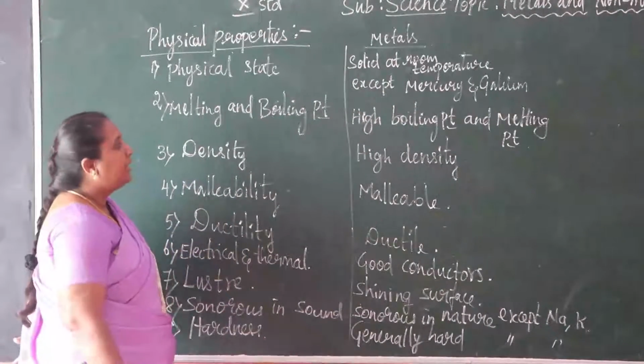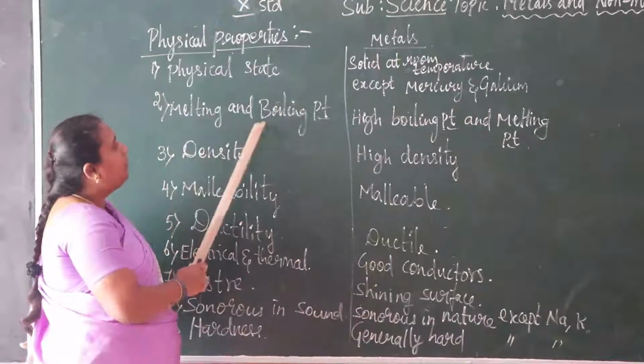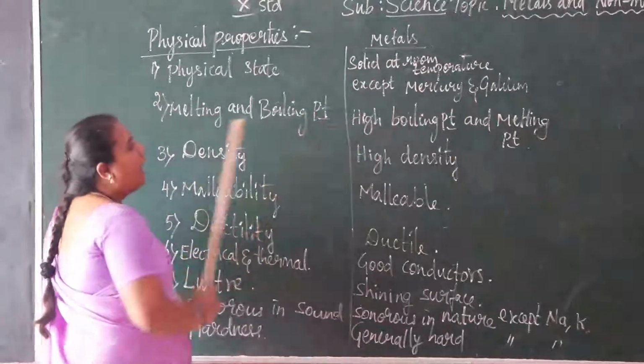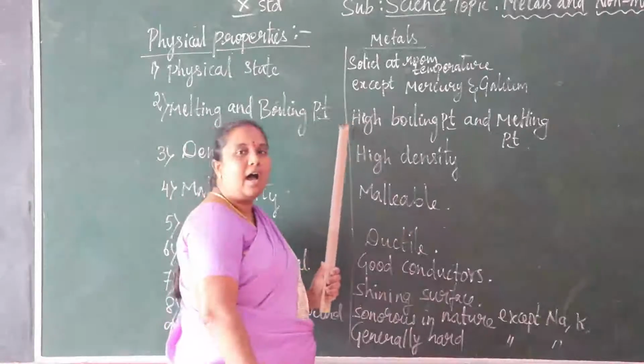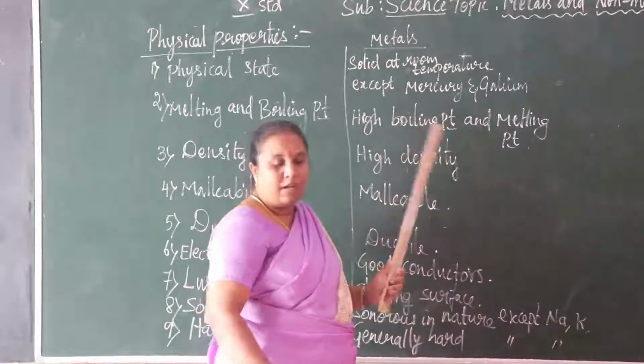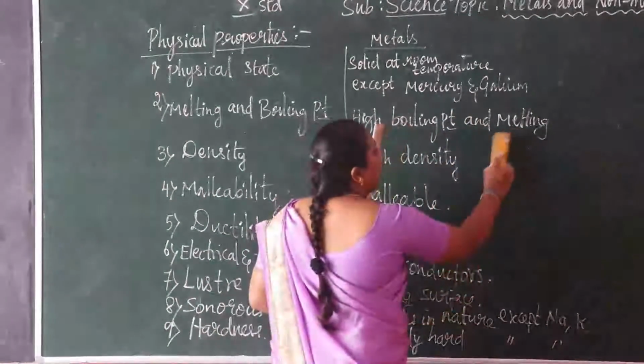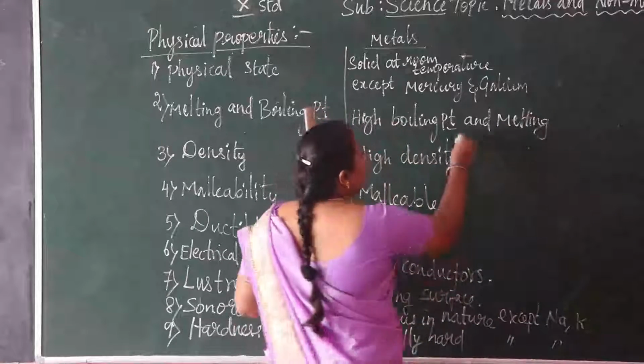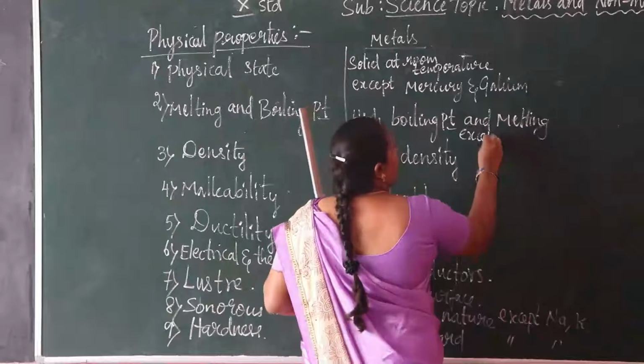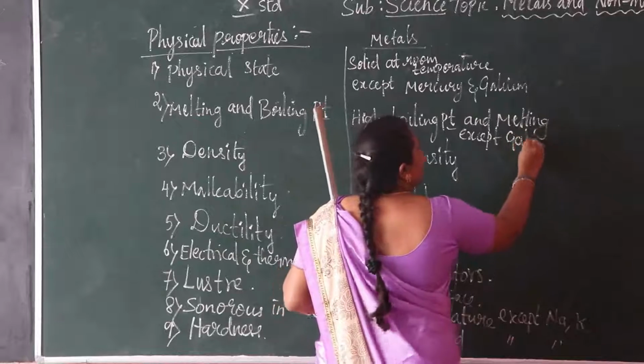So the melting point and boiling point of metals are high, except gallium and cesium.